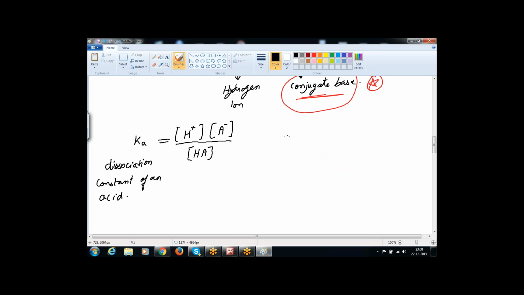Now, if you take the negative log of Ka, that is called pKa. Negative log of anything is called P. From this expression, you can derive the H positive concentration. It's a formula. So if you know all other values, you can find the value of H positive concentration. Square bracket means concentration. So negative log of H positive concentration is called pH.